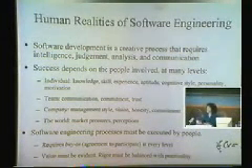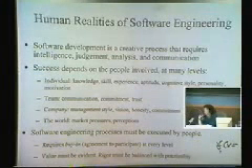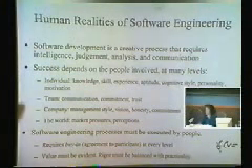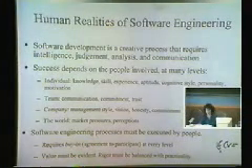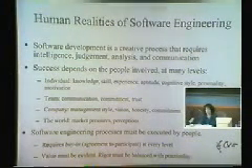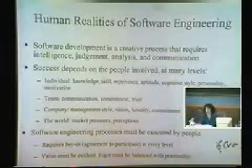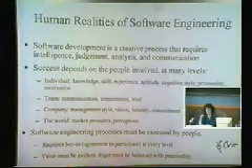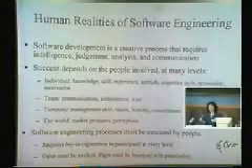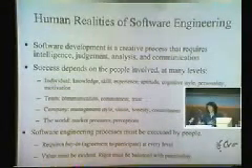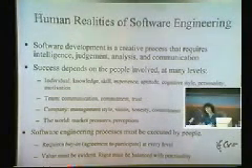The other reason that the success depends on people is because there's so much communication that's involved in a software development project. No one person can know everything about a complex software system. So you have to be able to ask questions. You have to be able to express your design in a way that someone else can understand.